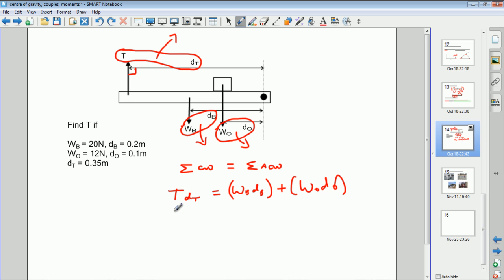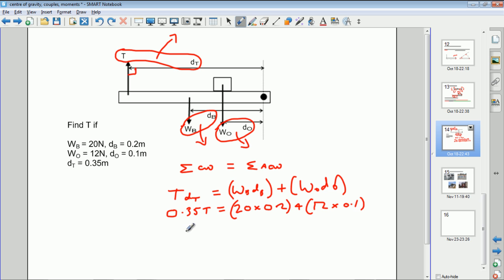So dt is 0.35, so 0.35 times T will equal WB, which is 20, times 0.2, plus WO, which is 12, times 0.1.